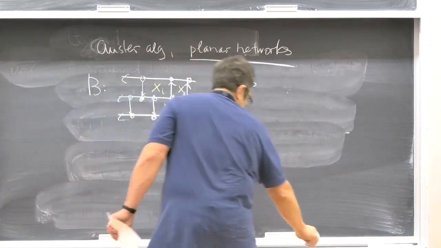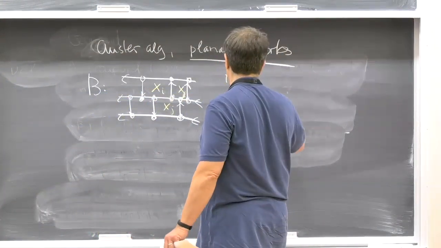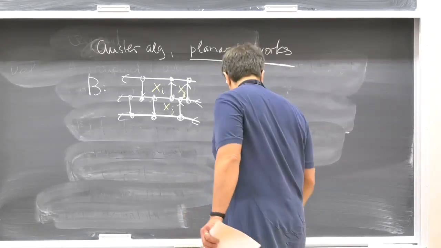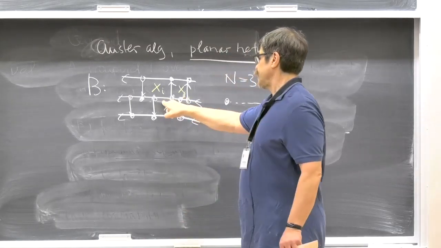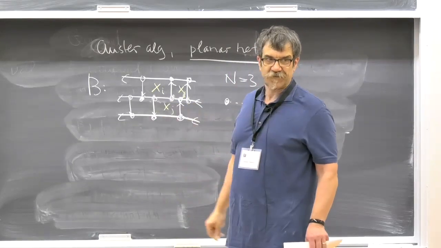And we have commutation relations, being quantum or Poisson. You see in this network, I have white and black vertices.